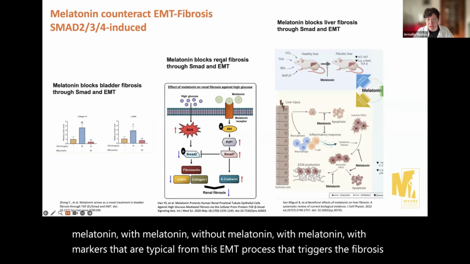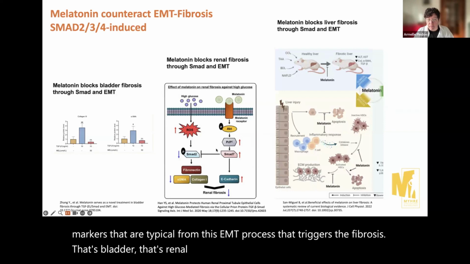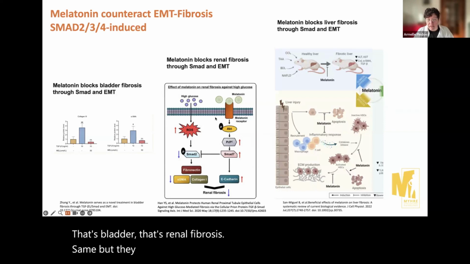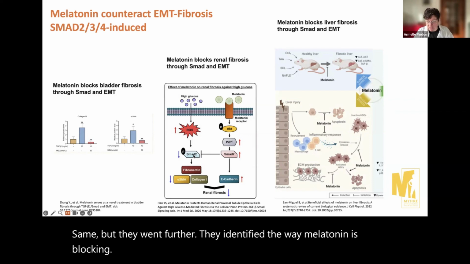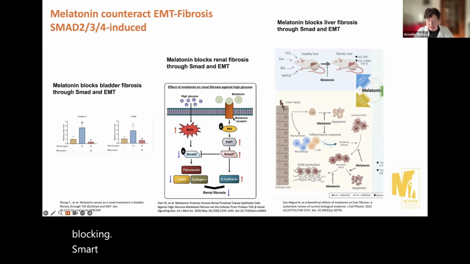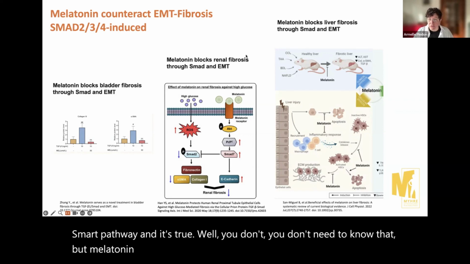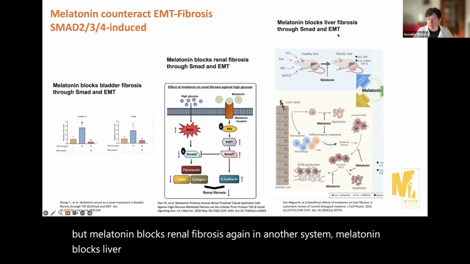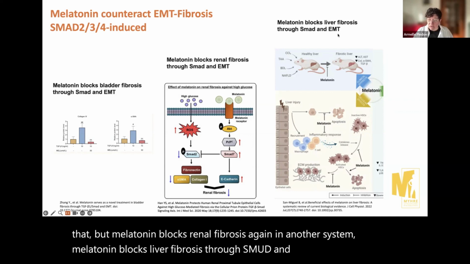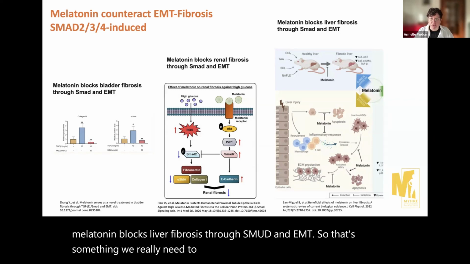That's bladder, that's renal fibrosis. Same, but they went further and identified the way melatonin blocks the SMAD pathway. Melatonin blocks renal fibrosis. Again, in another system, melatonin blocks liver fibrosis through SMAD and EMT. So that's something we really need to take into consideration.